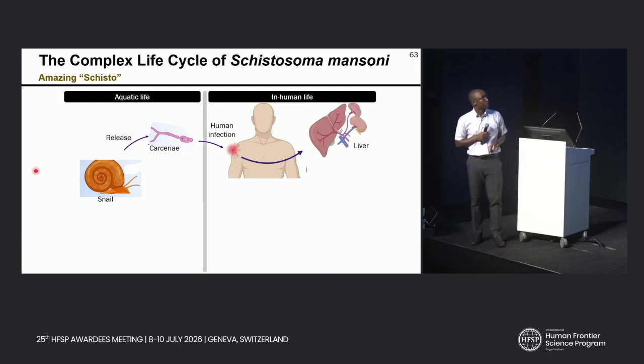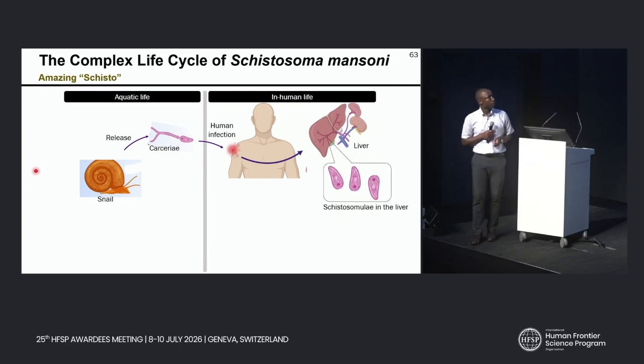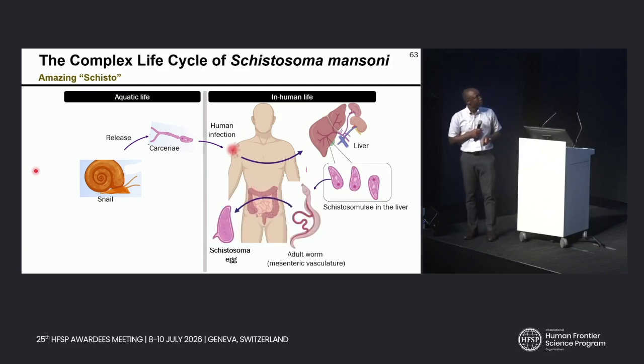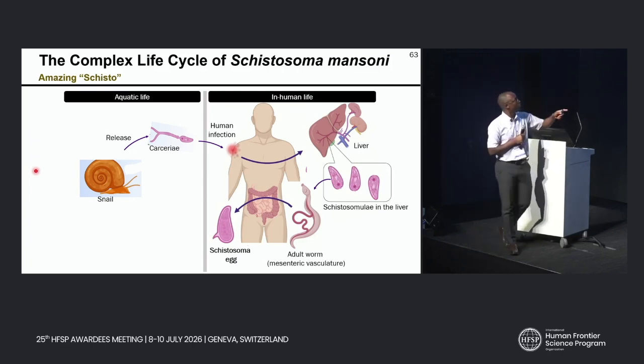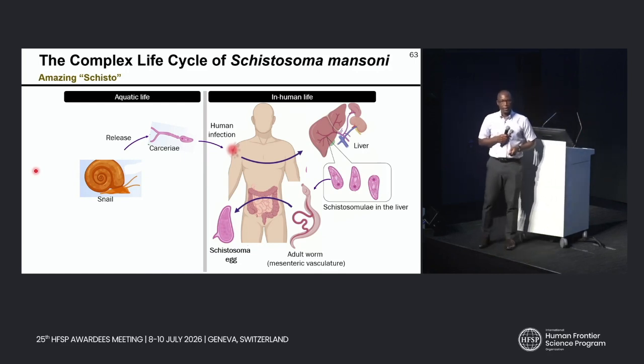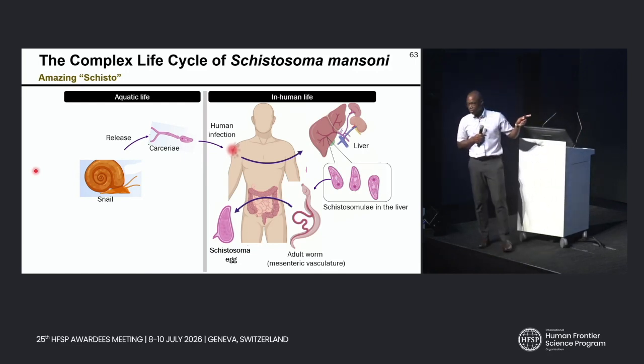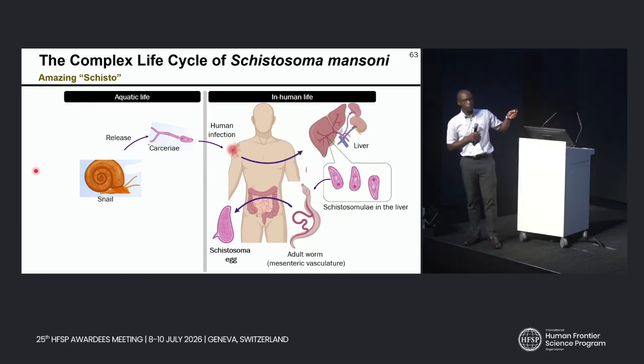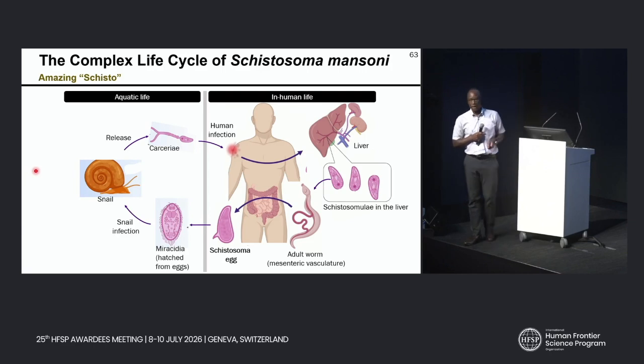They migrate to the liver, they multiply in the liver, and the adult worms move to the mesenteric vasculature where the schistosoma eggs are laid, and this is where the puzzle begins. So they are laid in the vasculature, but how do they find their way out? Apparently they do, and they get out. The miracidia get back into the snail, and this whole life cycle continues.